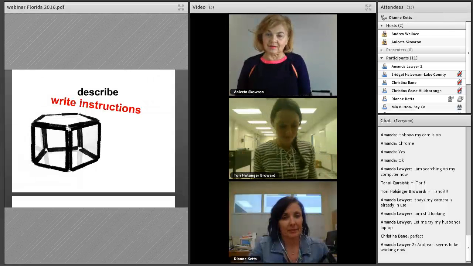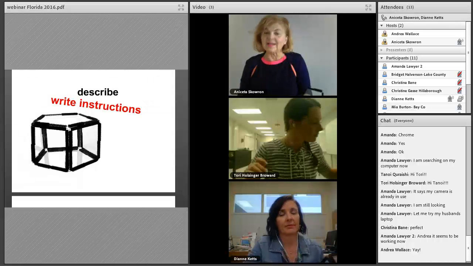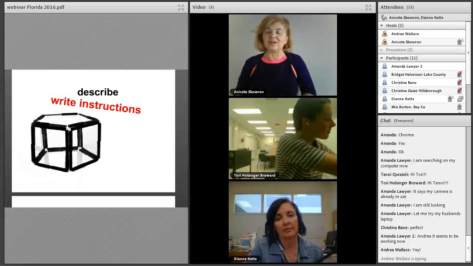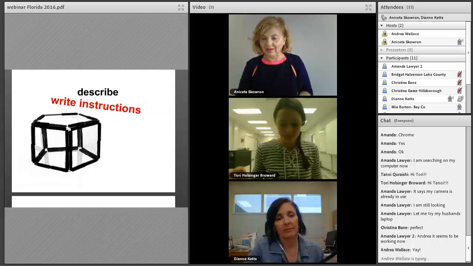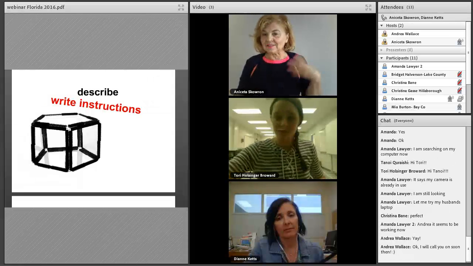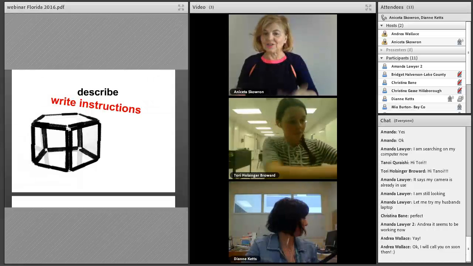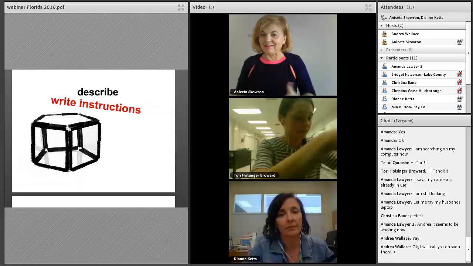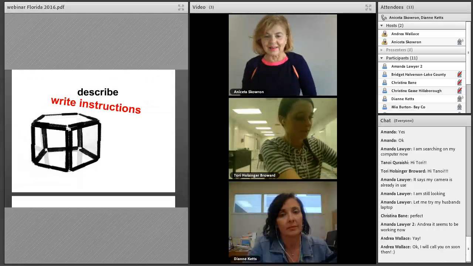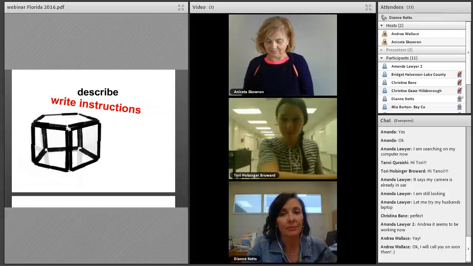When students actually make some solids, it's a very good exercise to get them verbal about it, to say what they are making, how they are making it, because that gets them to articulate all those spatial concepts and relationships. Okay then, Tori, go on.